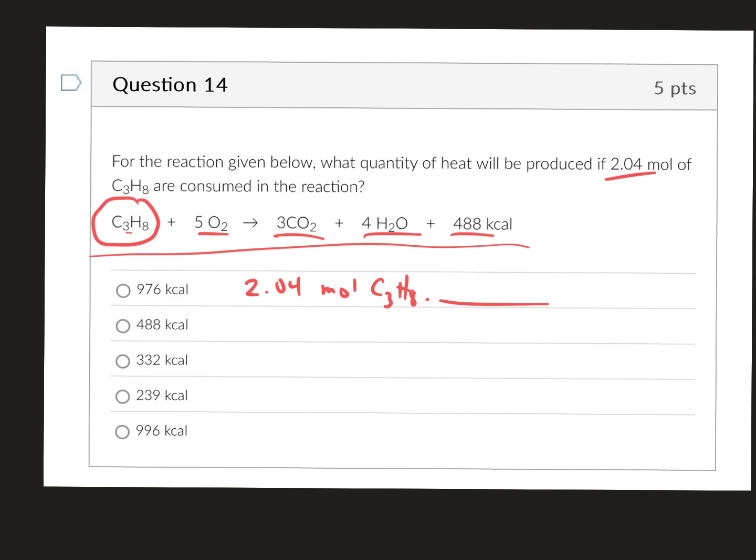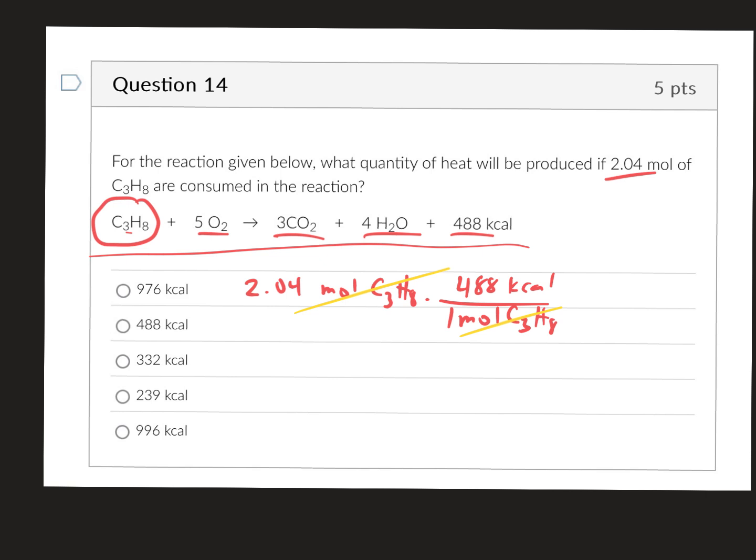Good? So 1 mole of C3H8 is the same as 488 kilocalories, so that the moles will cancel. Moles go away. We're left with kilocalories.